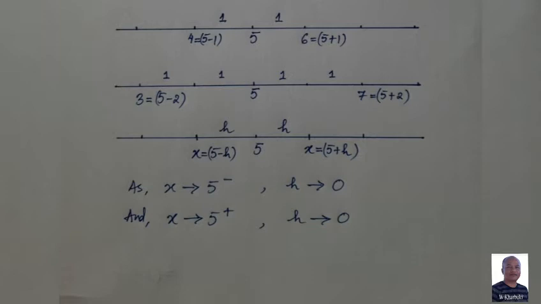But you know the length of the gap from 5 to that number on the left, or the length of the gap from 5 to that number on the right. So to get that number on the left or on the right of 5, if we know the length of the gap, we simply subtract the length of the gap from 5, or simply add the length of the gap to 5. So you will get the number 4 and the number 6. They are just before 5 and just after 5.